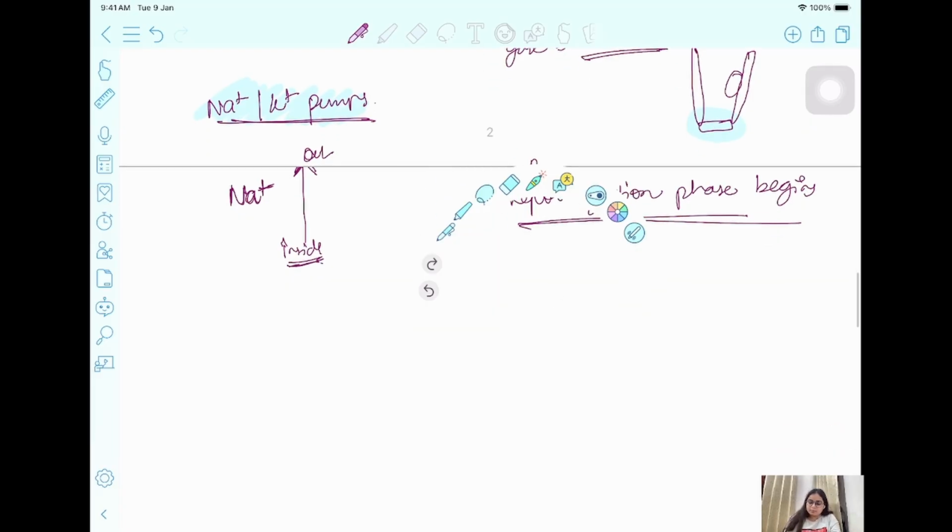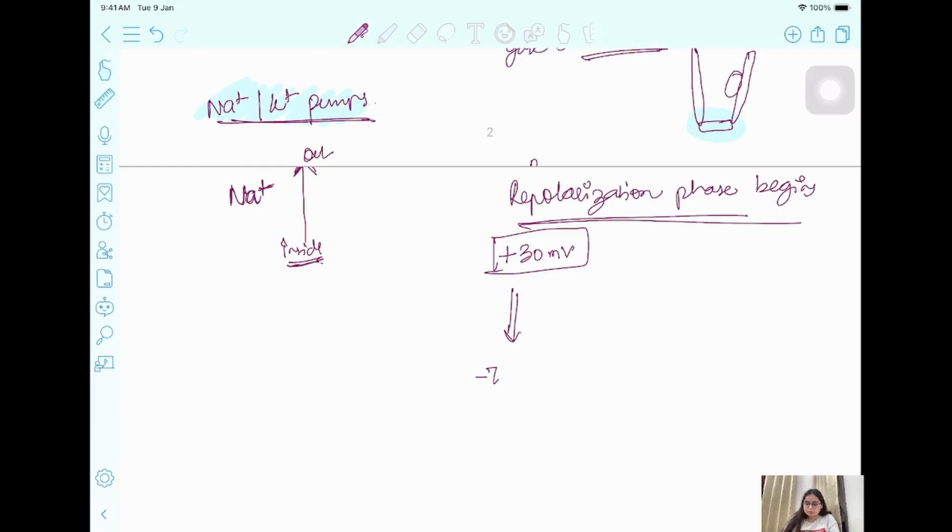Now, the membrane has reached a potential of plus 30 millivolts, and it has to go back to its resting membrane potential, which is minus 70 millivolts.